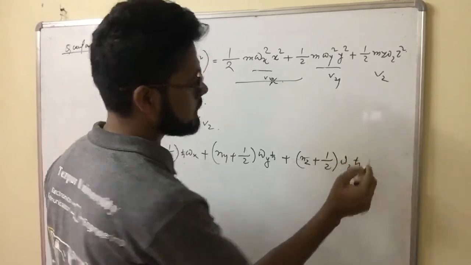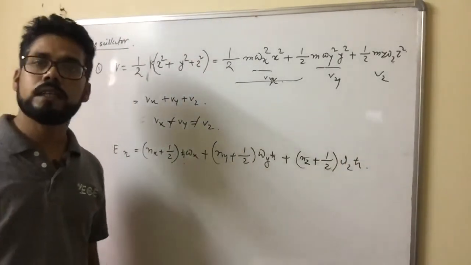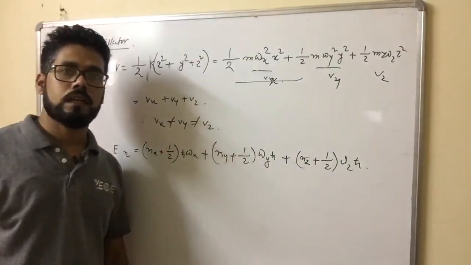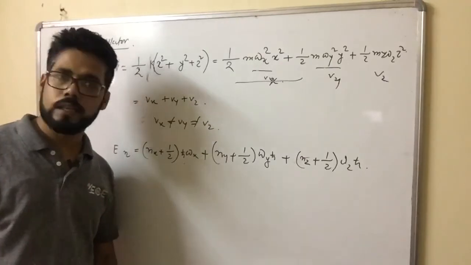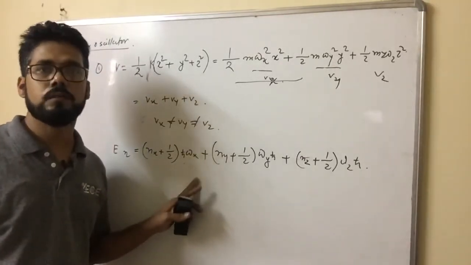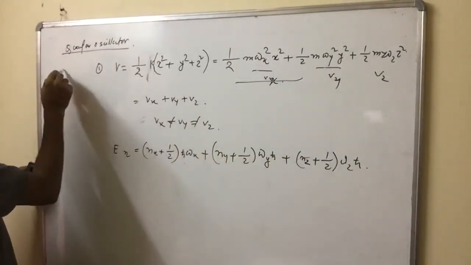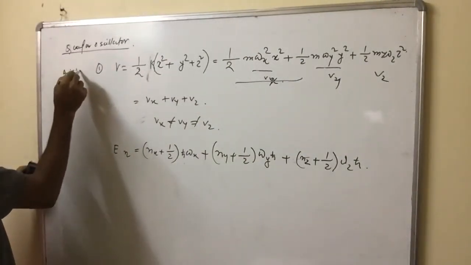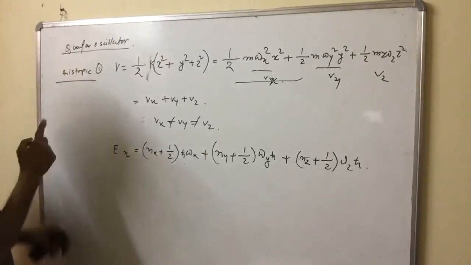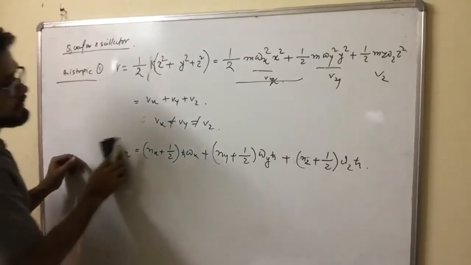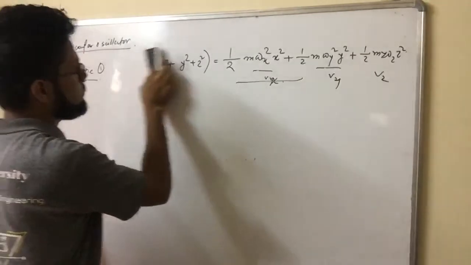This is the energy of a three-dimensional anisotropic harmonic oscillator. This is case 1, the anisotropic 3D harmonic oscillator. Now the second case, if it is isotropic.